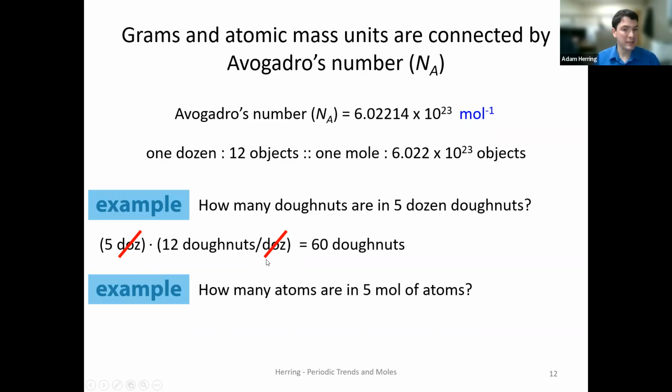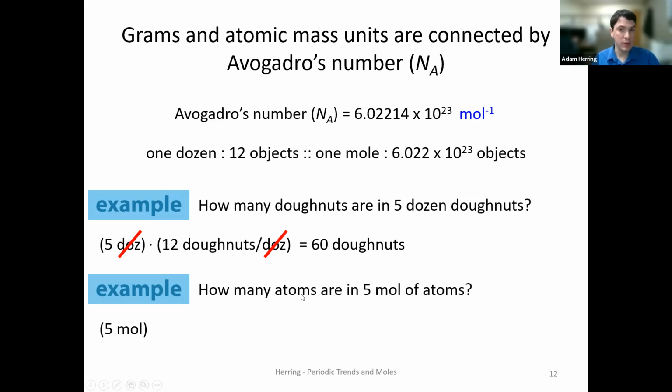We can perform this same type of manipulation involving moles. So if you have 5 moles of atoms, the thing that we have is moles of atoms. So you start with that. You've got 5 moles of atoms. Then we use a ratio. We multiply by a ratio such that we can eliminate the moles and just get a number.